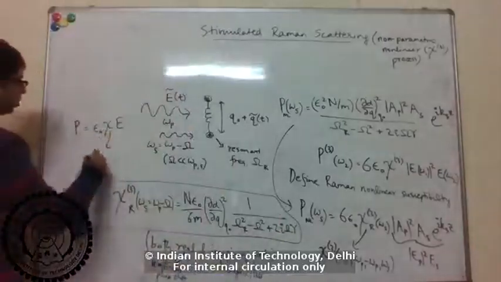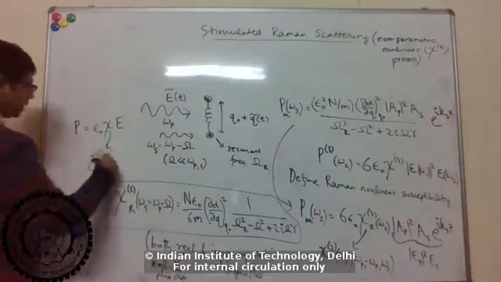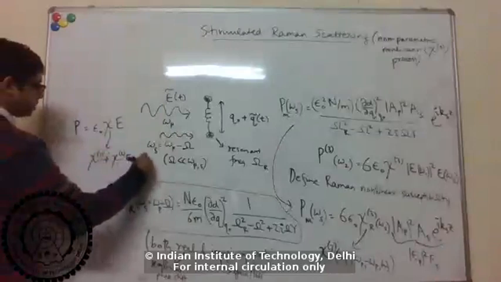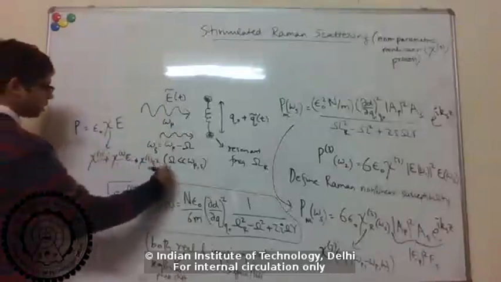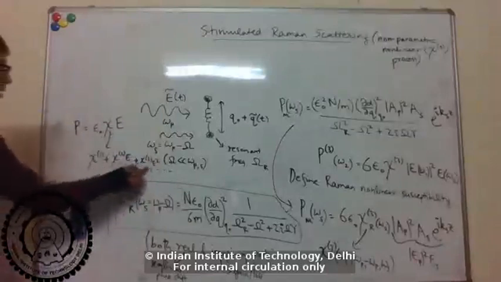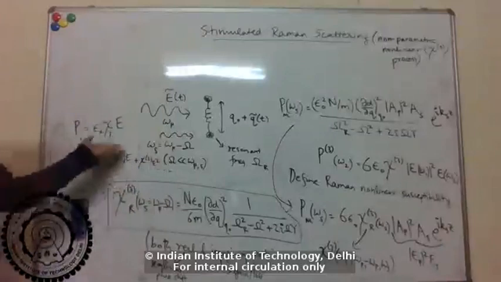And then you can say my chi has the first order term as a constant term, but I could have higher order terms, right? So I could have, let's say, chi 2 E plus chi 3 E square, right? And the higher order terms will give me the nonlinear term. That's what we did, right?